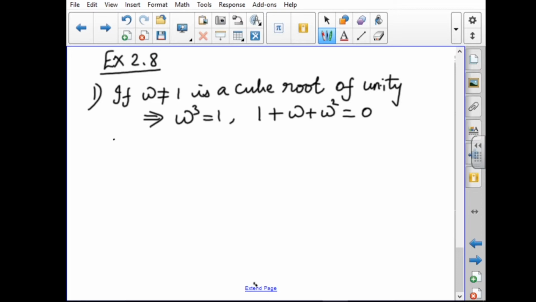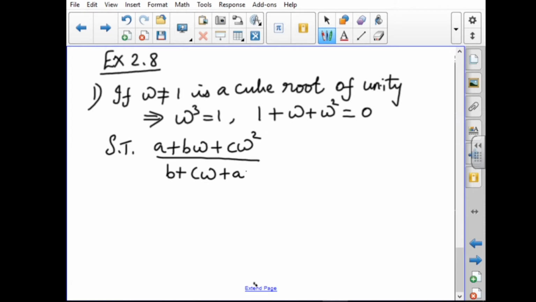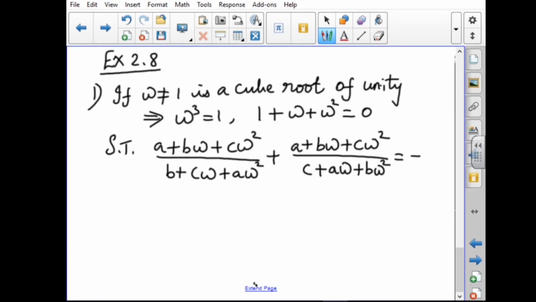Now we need to show that (a + b omega + c omega square) divided by (b + c omega + a omega square) plus (a + b omega + c omega square) divided by (c + a omega + b omega square) is equal to minus 1.